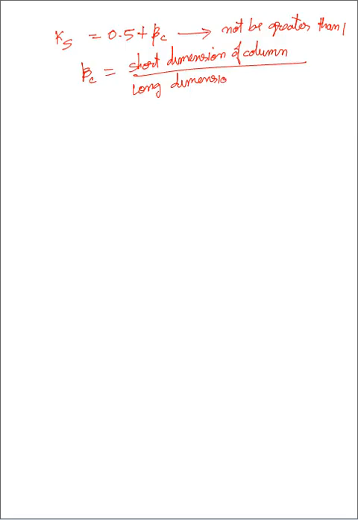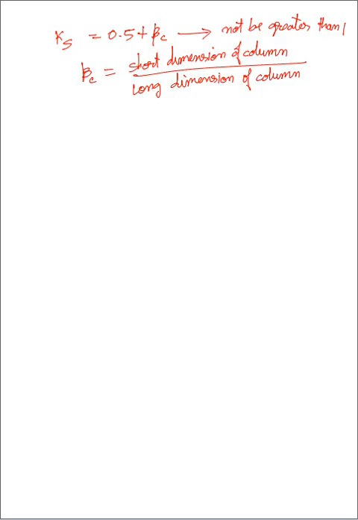In our case it was A and B, so either it will be A divided by B or B divided by A. Whichever is greater, you have to take it in the denominator. So beta_c is the short dimension of the column divided by the long dimension of the column.